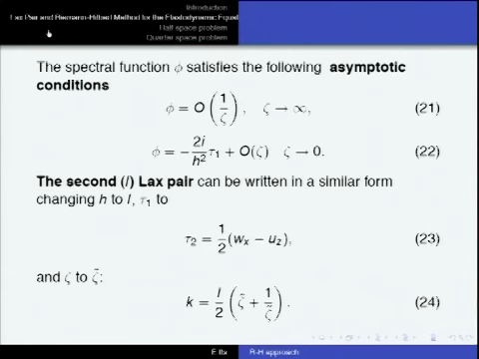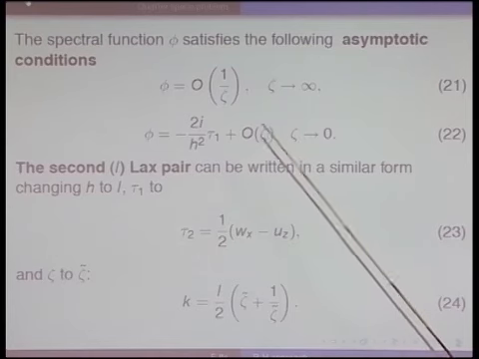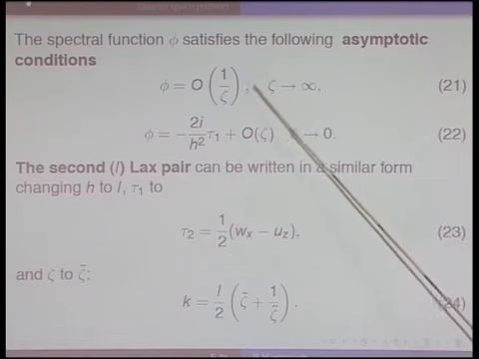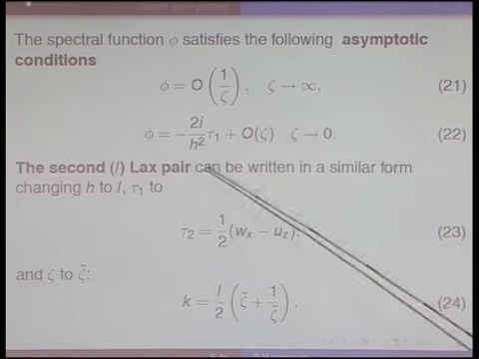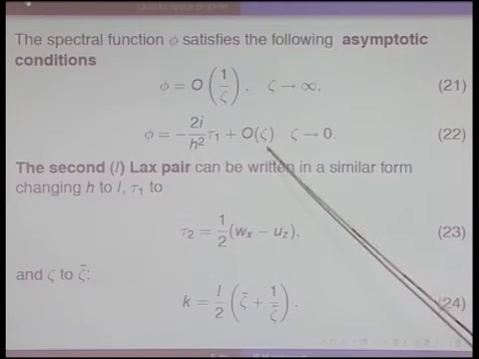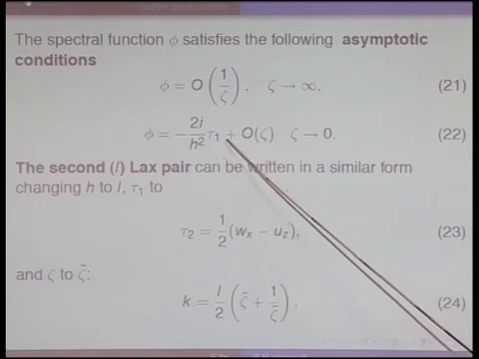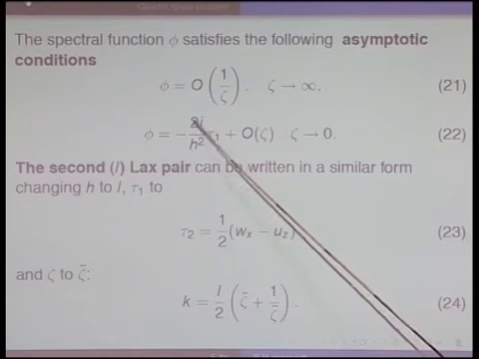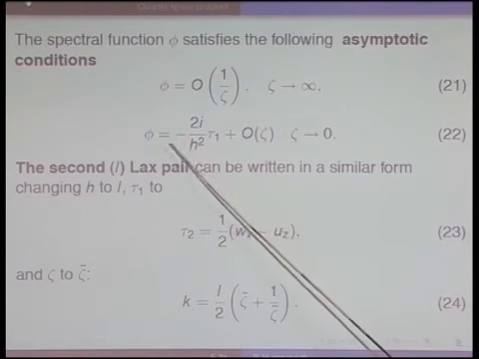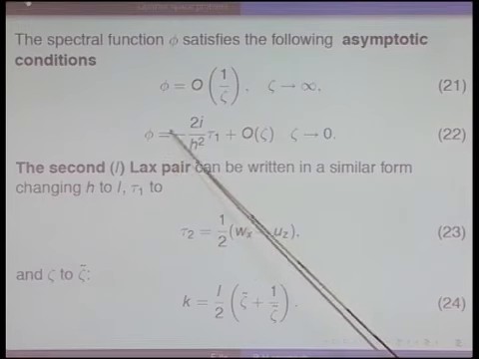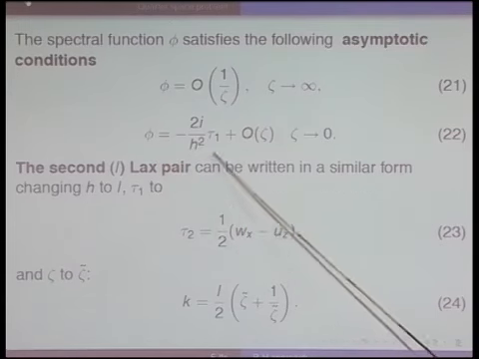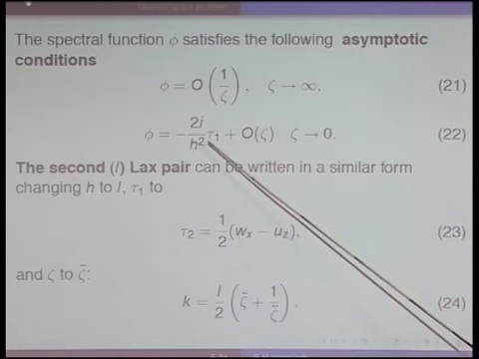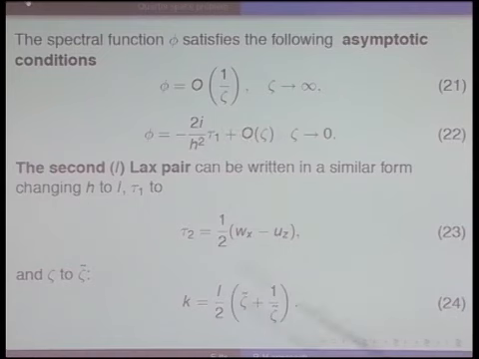The auxiliary function here is already properly decaying, and we have the asymptotic equations for it. And the second equation will allow us, if we find the solution for the auxiliary function, to go back to find the solution for tau.